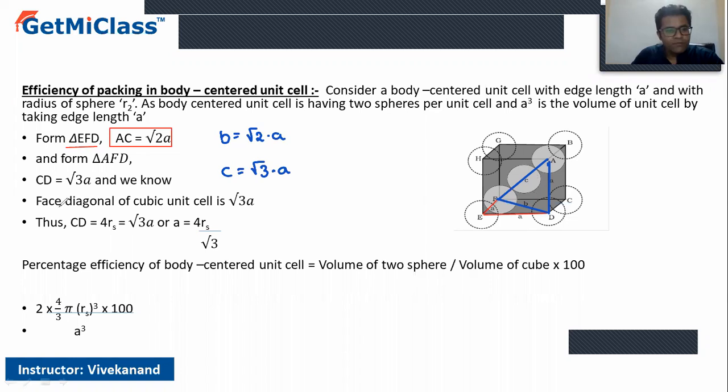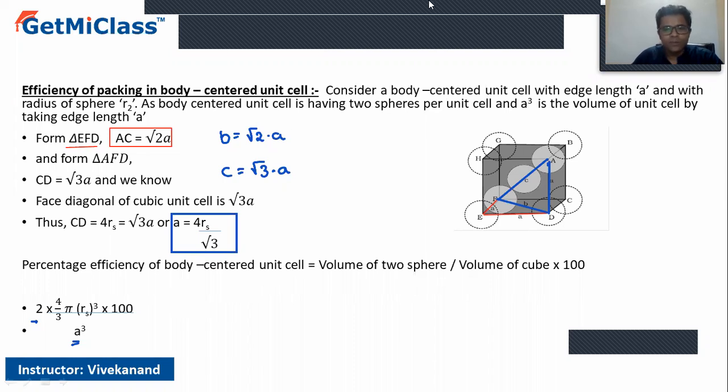Now, from the body diagonal, which is equal to 4 times R, we had already seen that CD, this particular one, is going to become 4 times R. Therefore, A is equal to 4R over root of 3. So finally, the packing efficiency is 2, the number of spheres, into 4 by 3 pi R cube divided by A cube, and the A value we have already seen is 4R by root of 3.